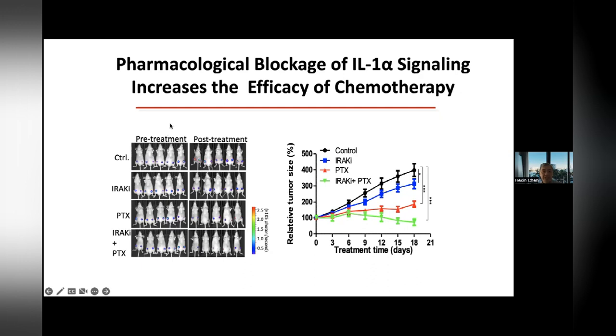This is the pre-treatment; tumor formation is very similar in all these groups of mice. After treatment, in the control the tumor continues to grow, and the IL-1 signaling pathway inhibitor has no dramatic effect on tumor growth, seems to slightly inhibit it, and the chemotherapy drug definitely can inhibit tumor growth.